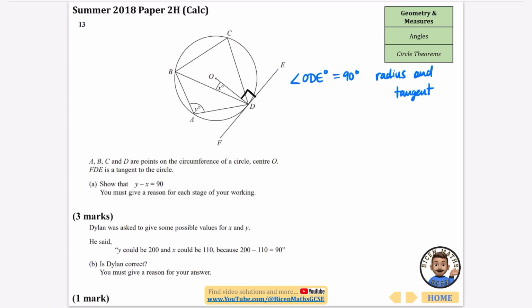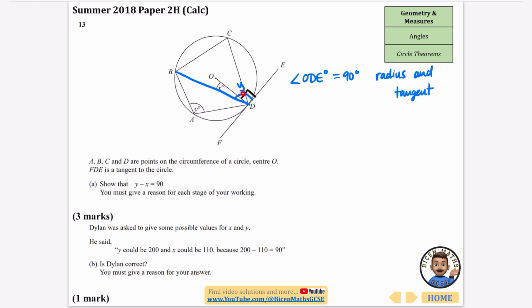Now I'm going to see if I can think about what some of these other angles might be in this one. Well, I can tell that because of the alternate segment theorem, this angle here, this blue one that I've got, which is BDE, is going to be the same as y. Now the reason for that is because on either side of this line, this is one segment of the circle, and this is another segment of the circle.